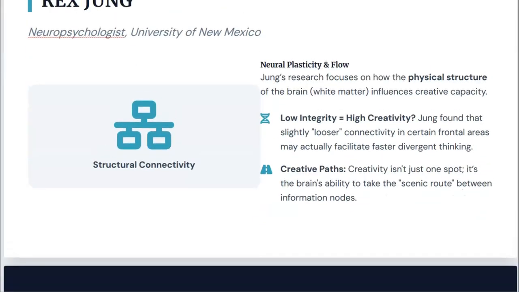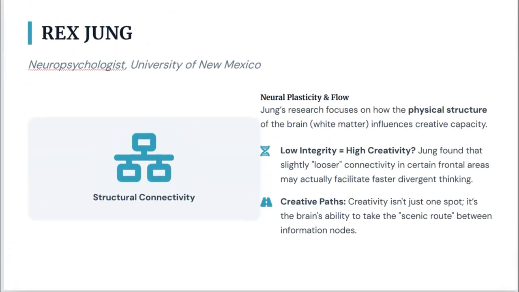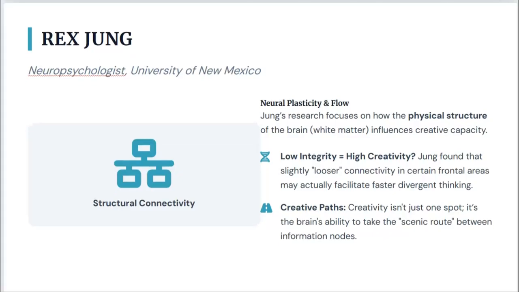Rex Jung is a neuropsychologist at the University of New Mexico, and he talks about neuroplasticity. This is so important, and I'm going to spend an entire lecture talking about neuroplasticity and flow, which has also been investigated in other settings.